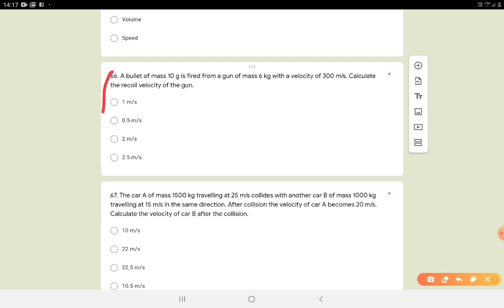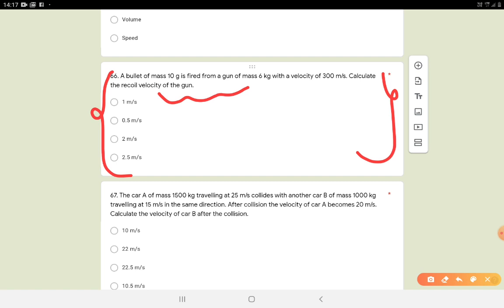In the bullet gun system, the momentum before firing should be equal to the momentum of the gun and bullet after firing. This is a very important point.